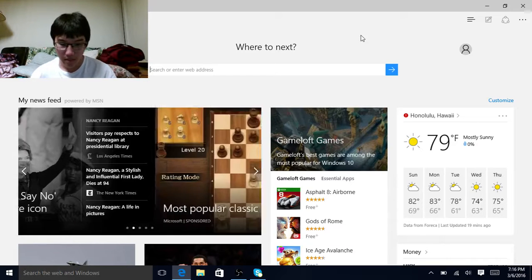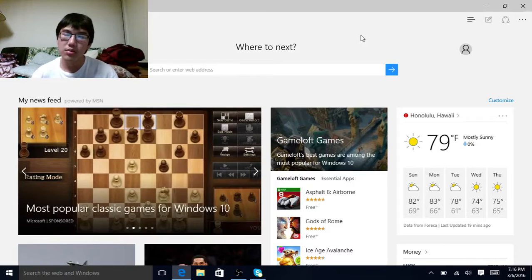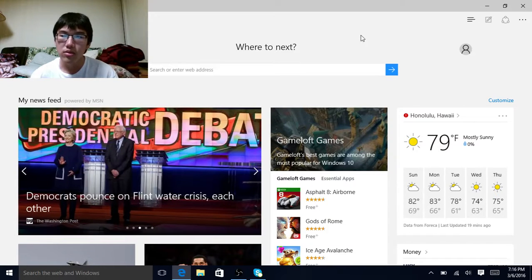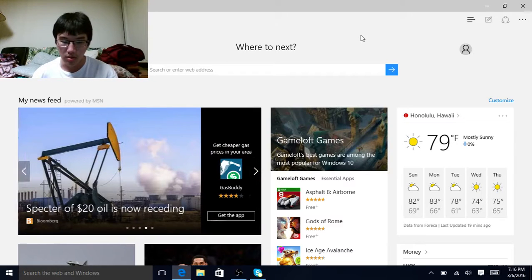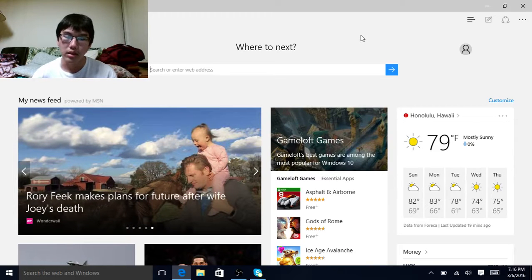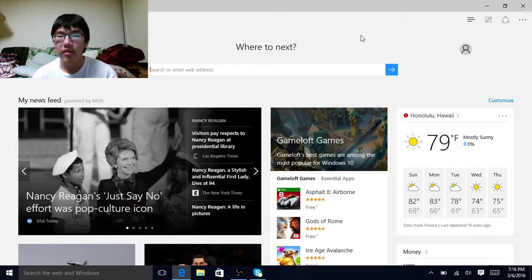So this really irritates me because Donald Trump, even though his ideals may not match yours, he's still a person. He wants to become president for whatever reason, and he has passion and motivation to become president.